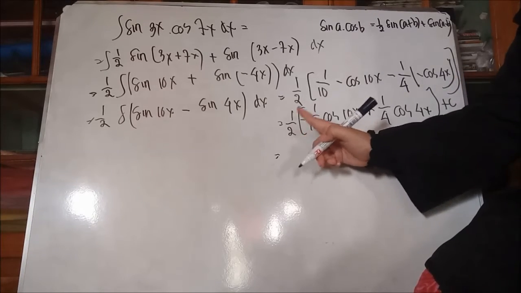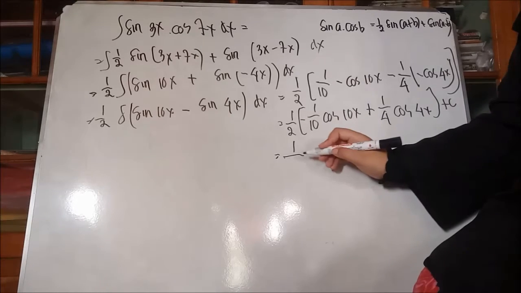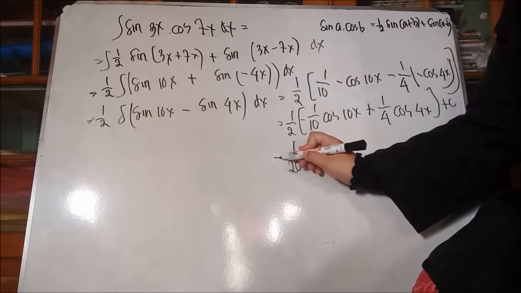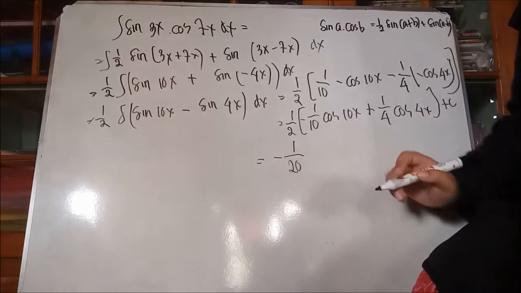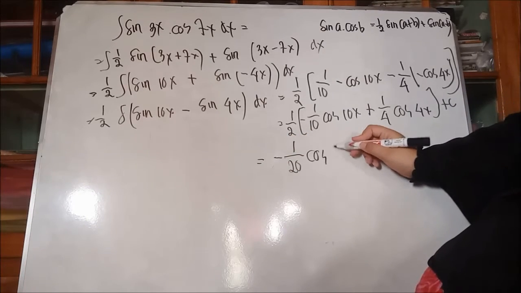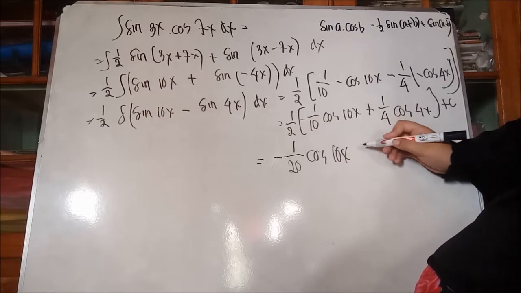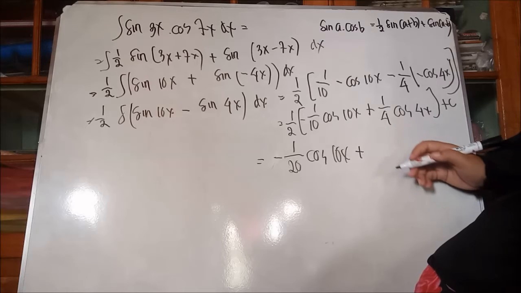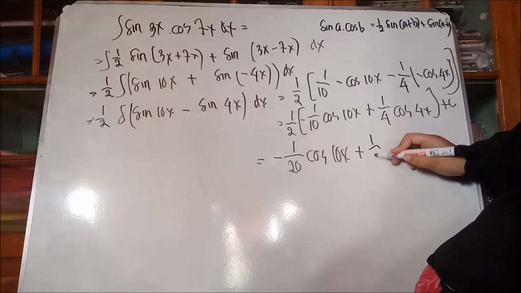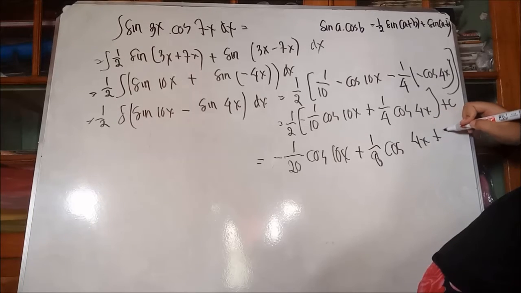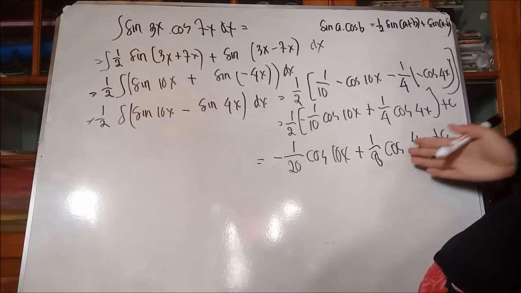And then we get 1 over 20, negative cos 10x, and then positive 1 over 8 cos 4x plus c. So this is the result.